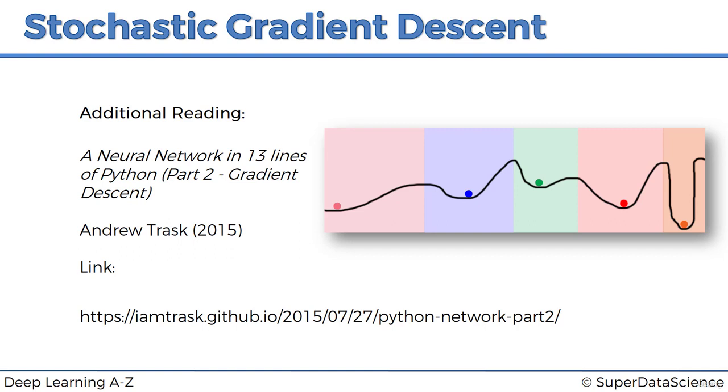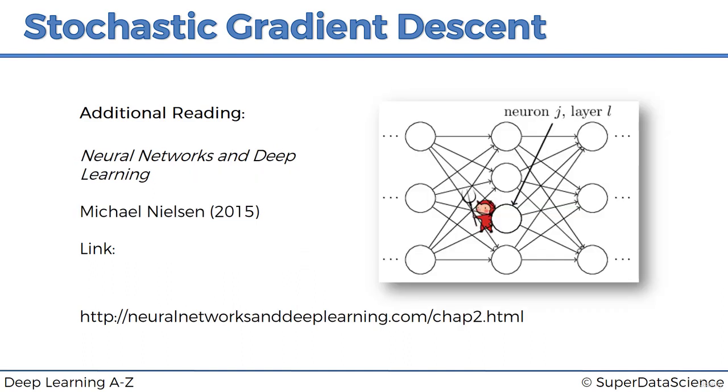And another one, a bit of a heavier read for those of you who are into mathematics and want to get to the bottom of it. Why gradient descent specifically? What are the formulas that are driving gradient descent? How is it calculated? And so on. Check out the book, a free online book called Neural Networks and Deep Learning by Michael Nielsen, a 2015 book. It's all online, so you can go ahead and check it out there.